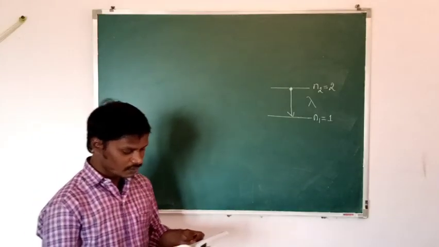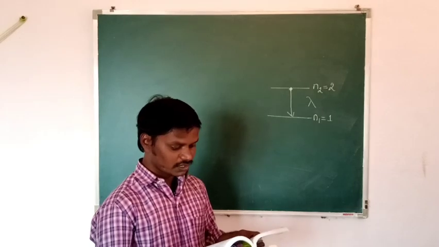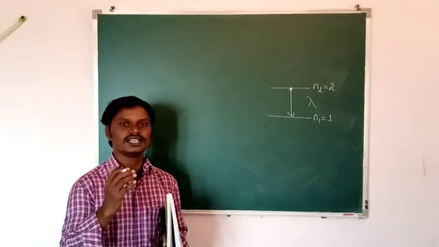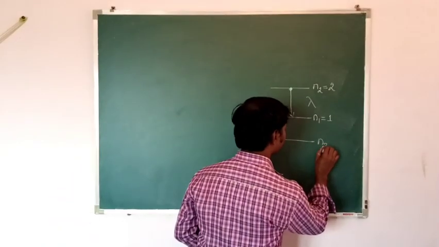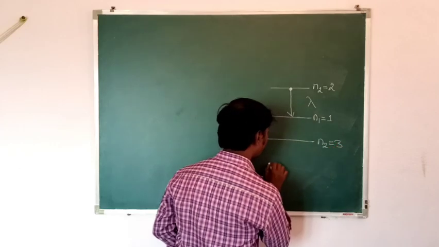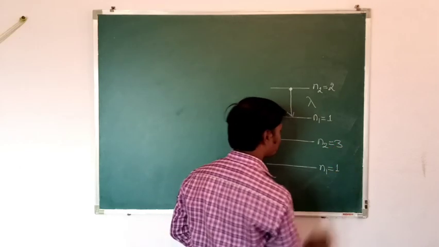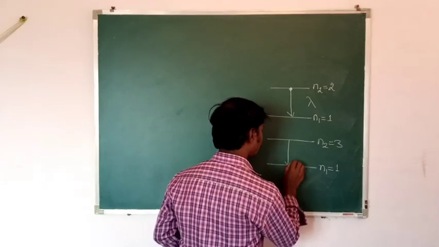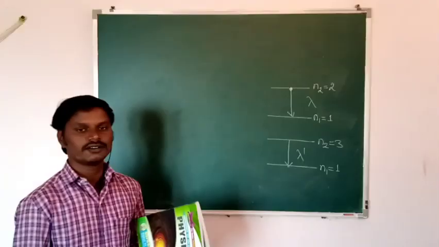Then when the electron jumps from the third orbit to the first orbit, here n2 can be taken as third orbit and n1 as first orbit. What is the wavelength of the emitted radiation? That we have to find. I will take the wavelength of the emitted radiation as lambda dash.